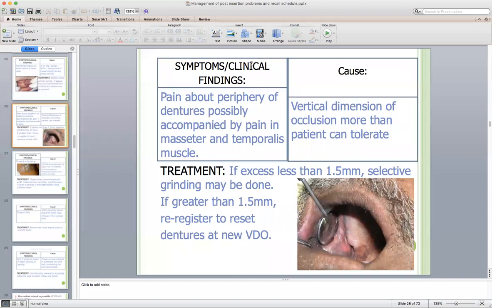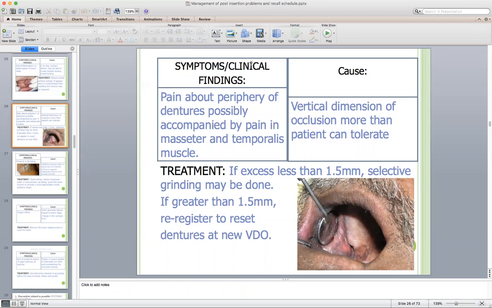Another problem related to the symptoms of the occlusal surface is pain about the periphery of dentures, possibly accompanied by pain in the masseter and temporalis muscle. This is important to understand: the patient complains along the borders of the denture, and at the same time also complains of pain in the masseter and temporalis muscle region.